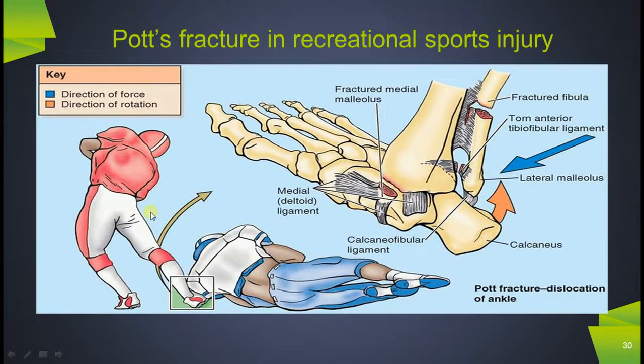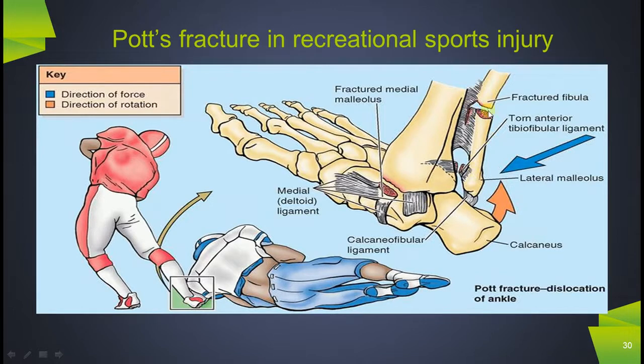It mainly occurs in recreational sports, like baseball. Here you are able to see the direction of the impact and the direction of the movement. The impact is where the talus is impacted against the lateral malleolus of the fibula.